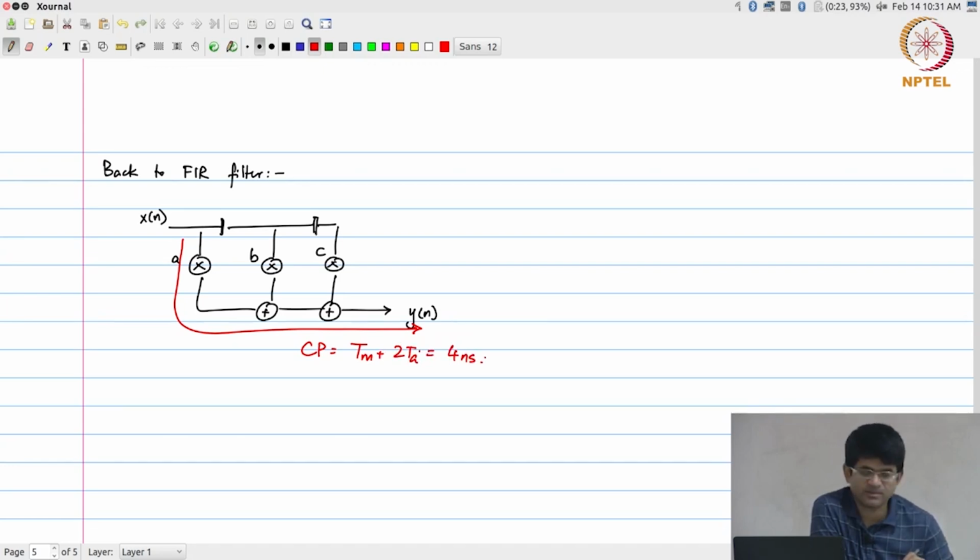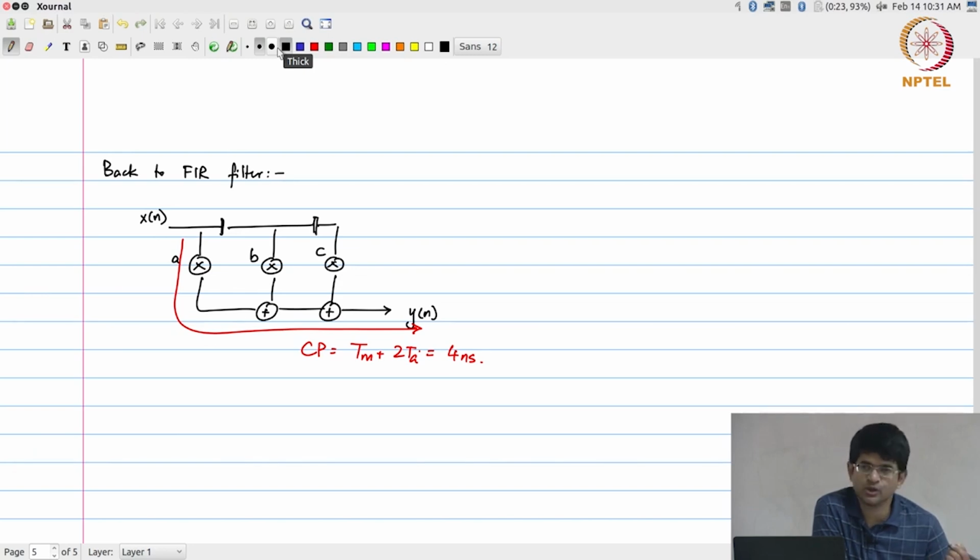The question I am interested in asking at this point is, is there any way I can reduce that critical path? The obvious way to think of reducing it is, after all, what is the definition of critical path? It is the delay from the output of some register until the input of some other register.